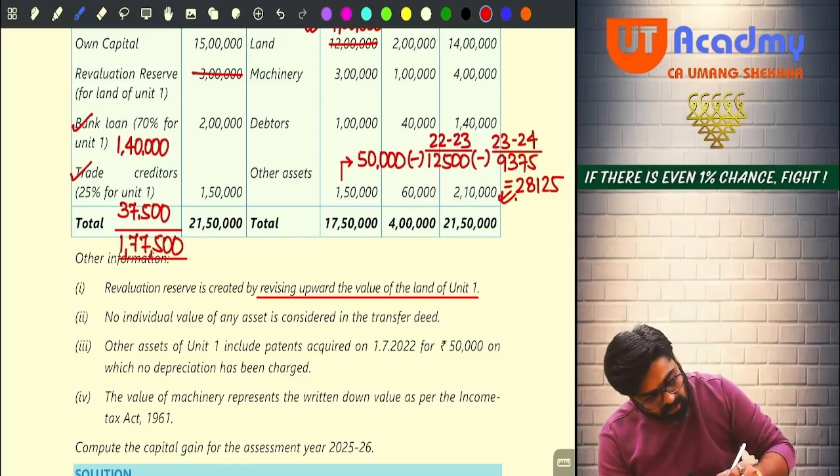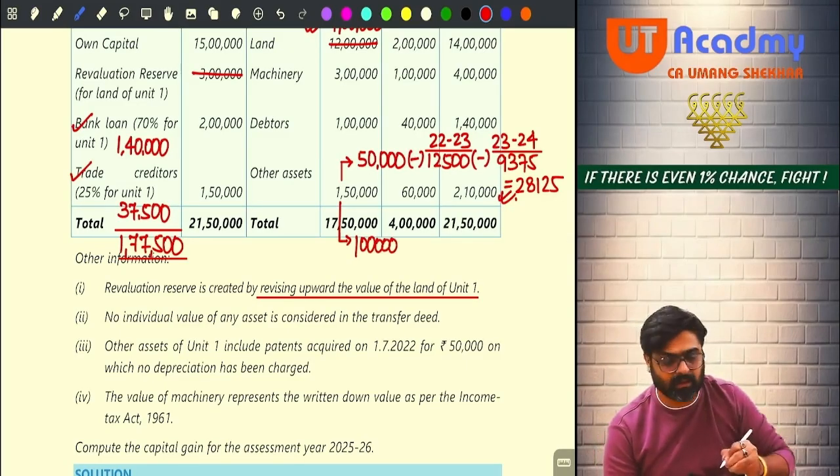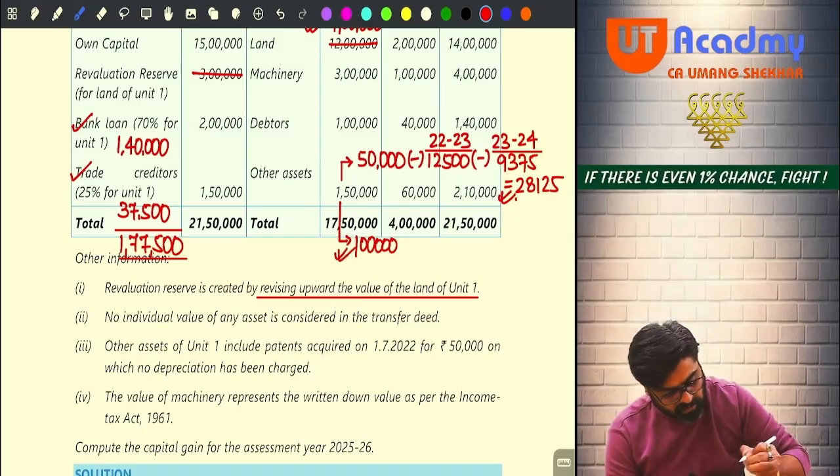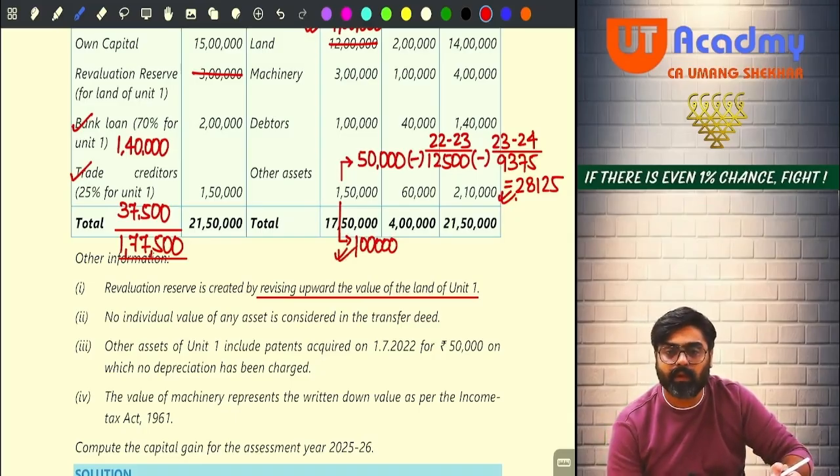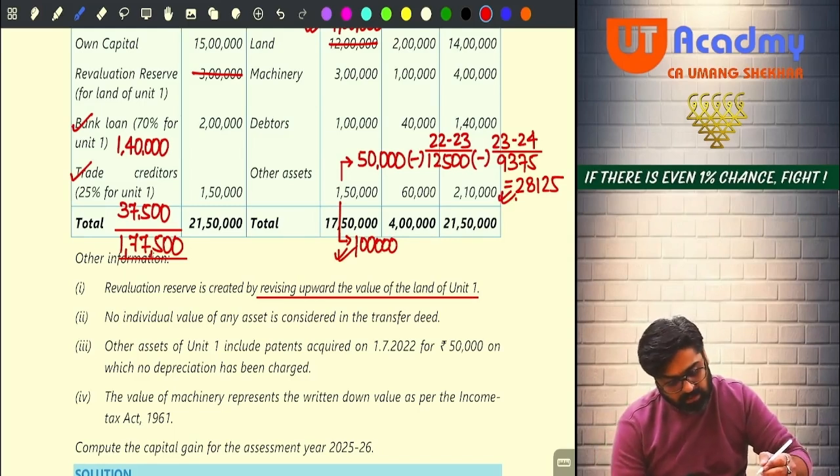Now, tell me, what about the balance 1 lakh rupees? Balance 1 lakh out of the other assets will be taken at book value only. Getting my point? Now, the value of machinery represents the written down value as per the Income Tax Act.